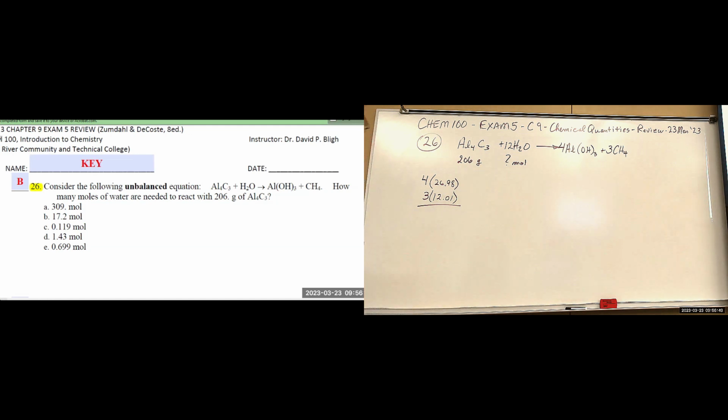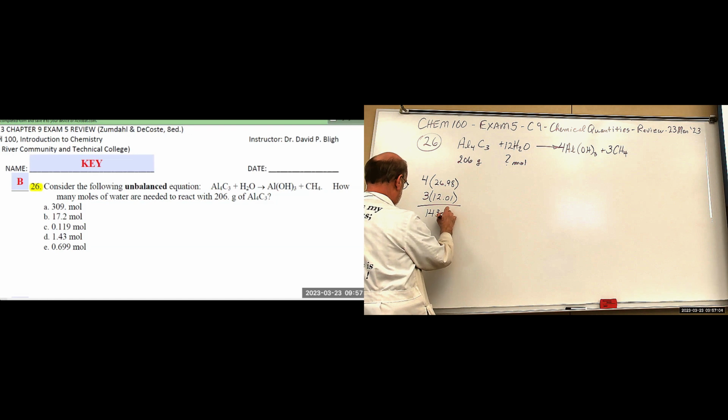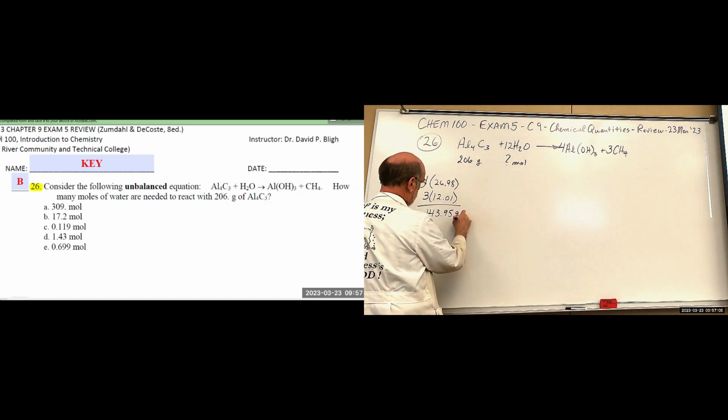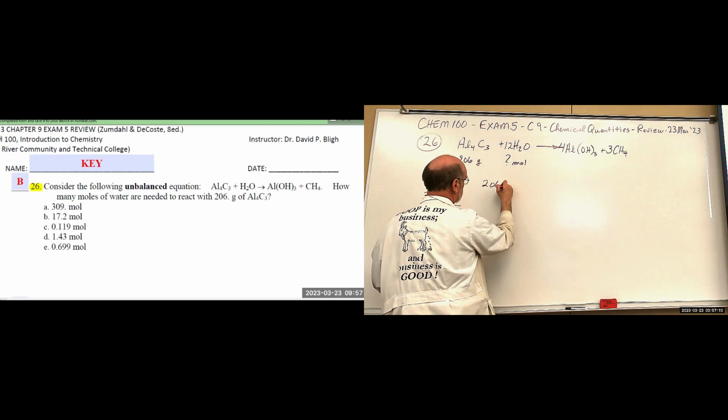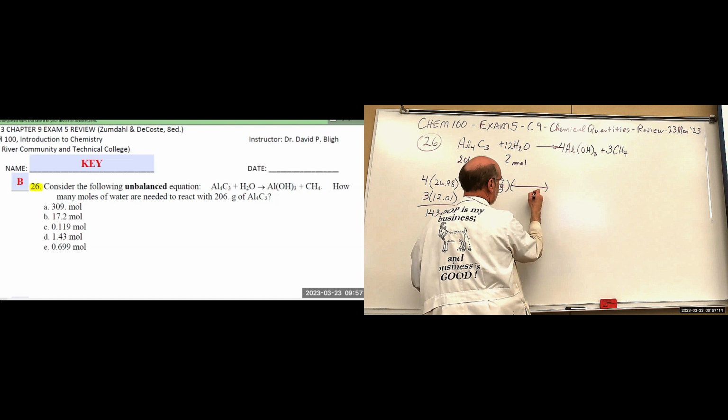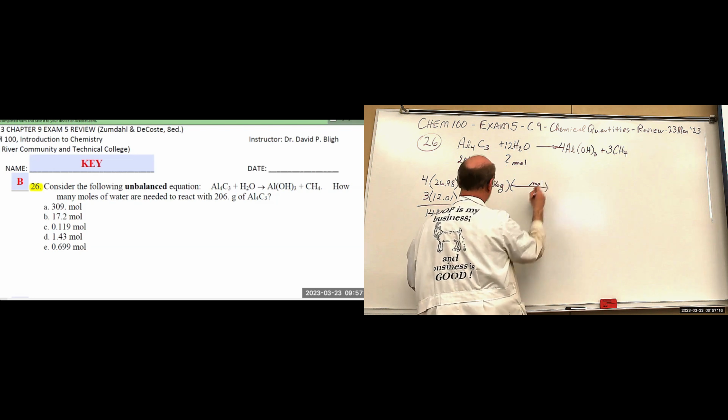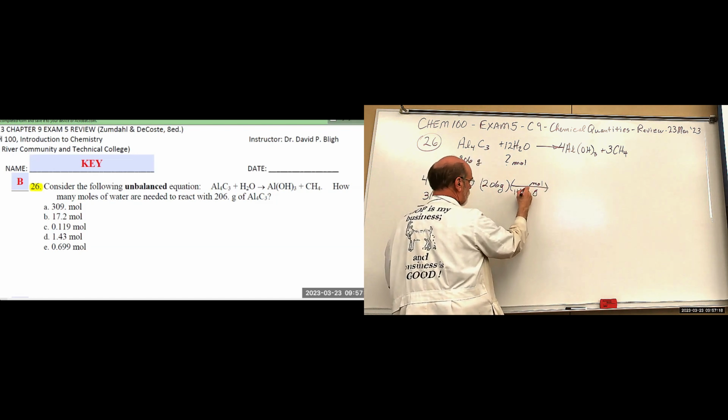I can't do that one in my head. 26.98 times 4, and then 12.01 times 3, and add those together. 143.95 grams per mole. So for 206 grams of aluminum carbide, we're going to find out how many moles that represents with this conversion factor.